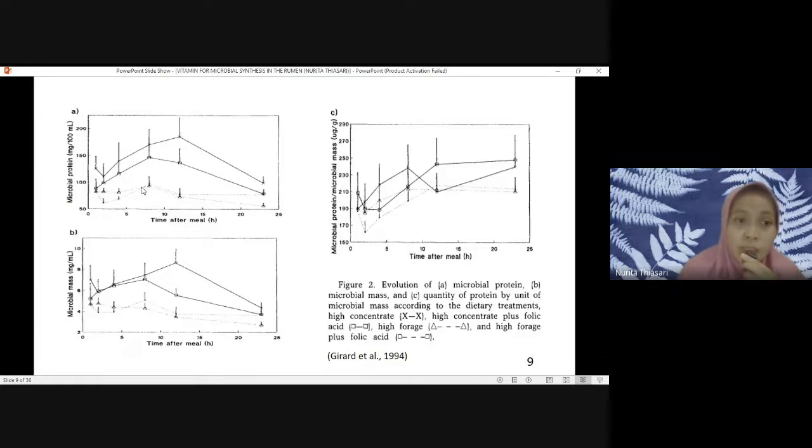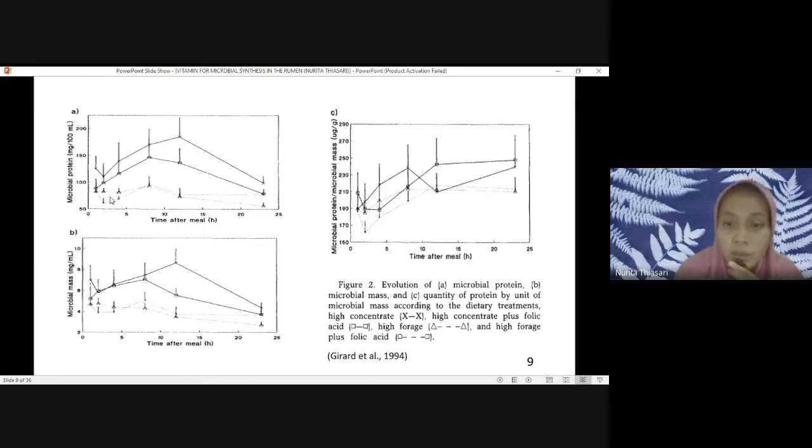We can see from here that the microbial protein result of the high forage is lowest compared with the high concentrate diet. And if we compare with the addition of folic acid, we can see that without folic acid, the microbial protein result is higher compared with the addition of folic acid.